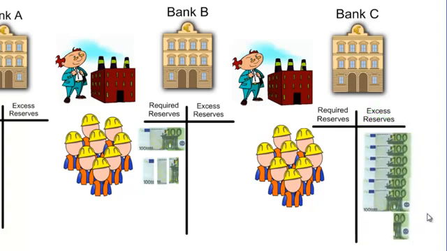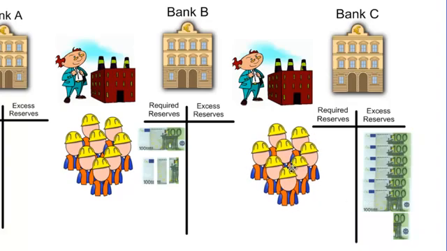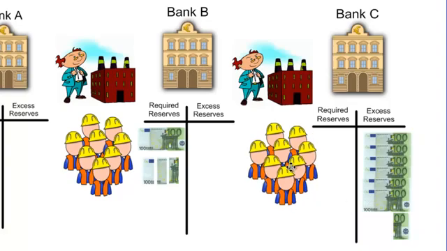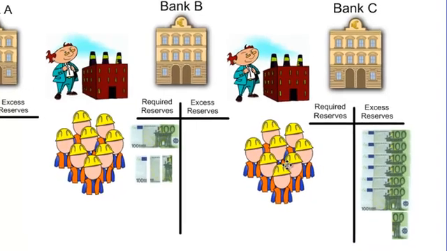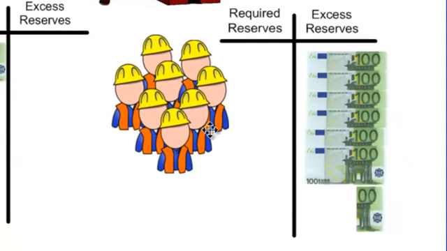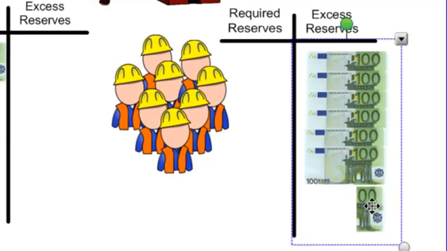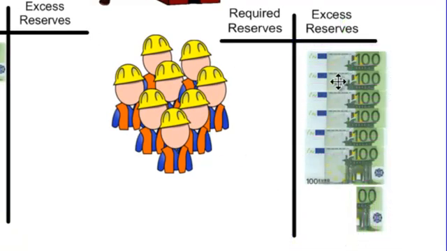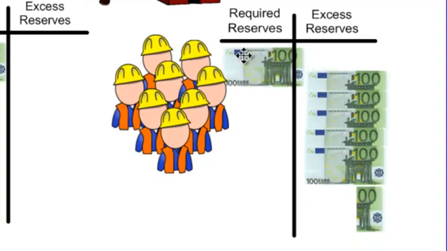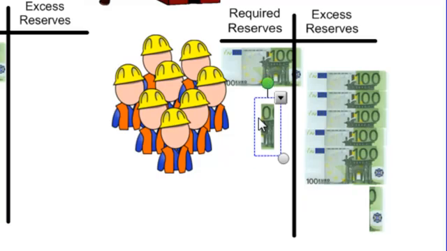Now there are 640 euros in the banking system that were created through Bank B's lending to another borrower. With the required reserve of 0.2, 128 euros must be added to Bank C's required reserves. So we'll take another 100 out and another piece of this here.